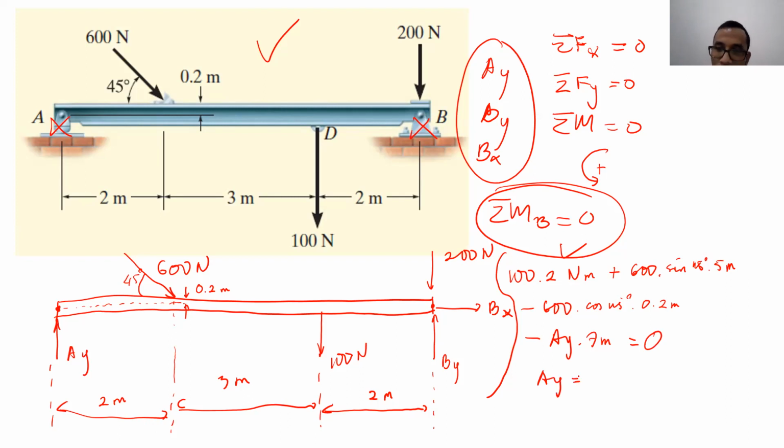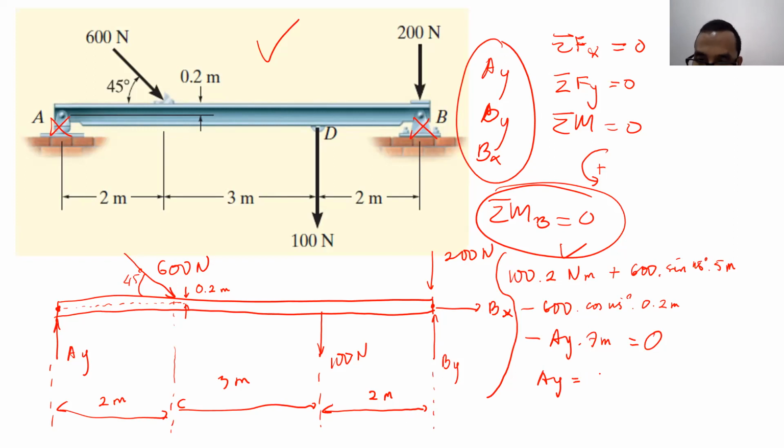Okay, so Ay will be 200 Newton meters plus 3000 multiplied by sin 45 Newton meters minus 120 cos 45 Newton meters divided by 7 like that. Okay, what is the value of Ay?